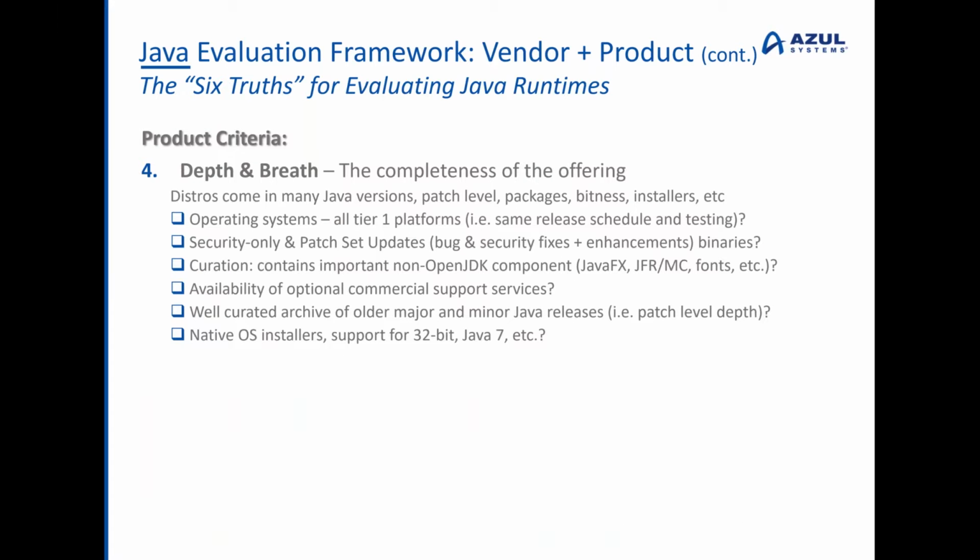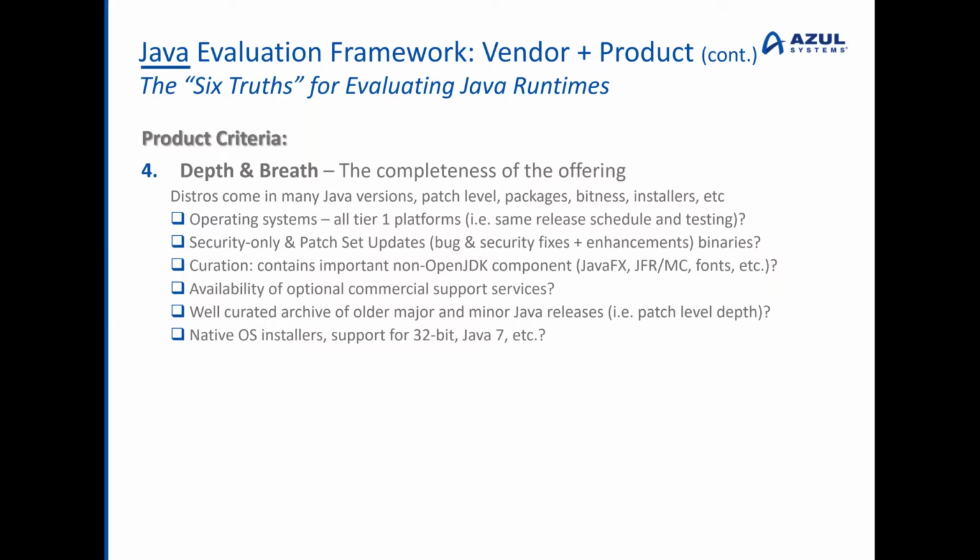Now let's look at a little bit of criteria as it pertains to a vendor's product. We talked about this, operating systems. Does it have the depth and breadth? Is the product available for Windows, Linux, Mac, and different platforms? Are they all tier 1 platforms that are all made available at the same time?